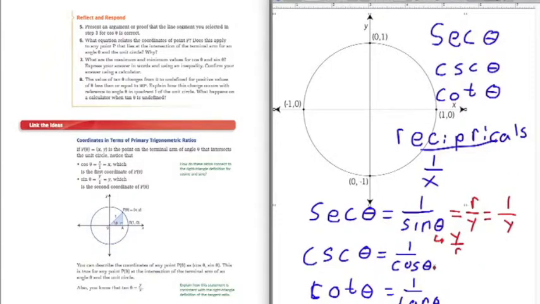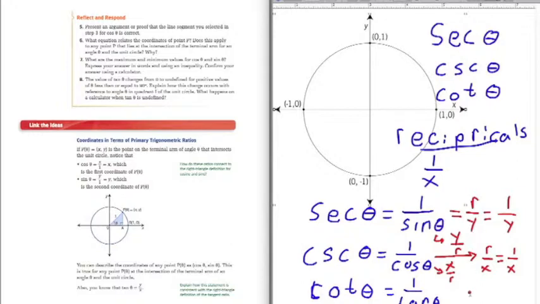And same thing here, if we're looking at cos, and cos is equal to x over r, then 1 over cos theta is simply r over x, or 1 over x.